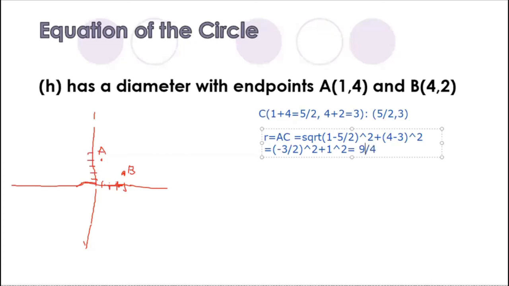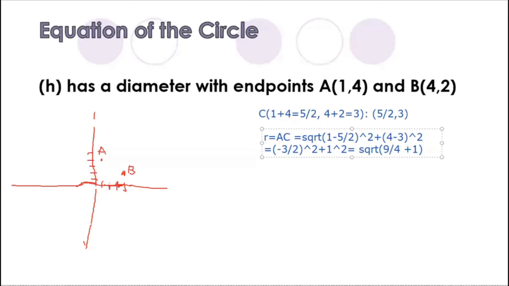Again, meron pang square root ito. And nandun pa rin yung square root. Ayan, lagay natin, 9 over 4 para sa negative 3 over 2 square. Then sa y part naman, plus 1. 1 squared is still 1.